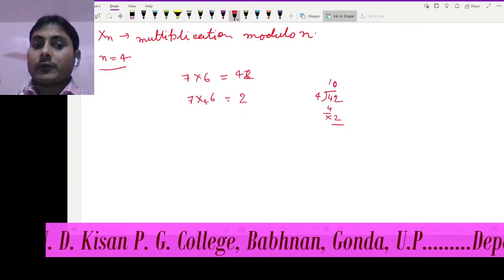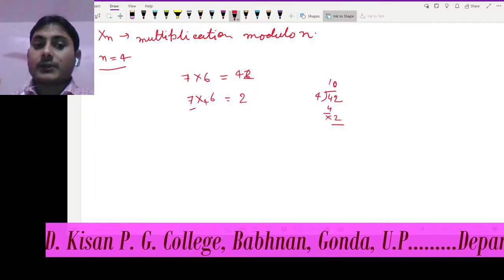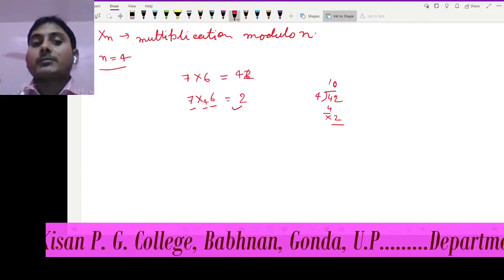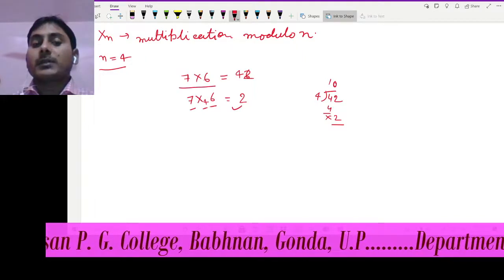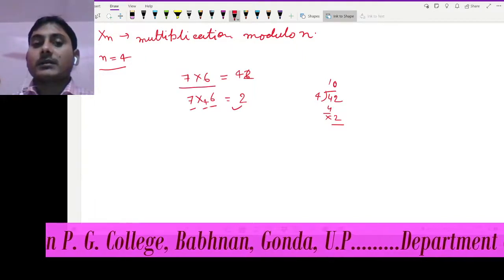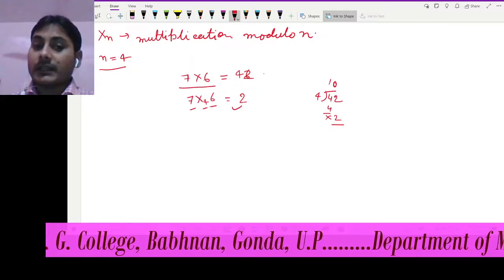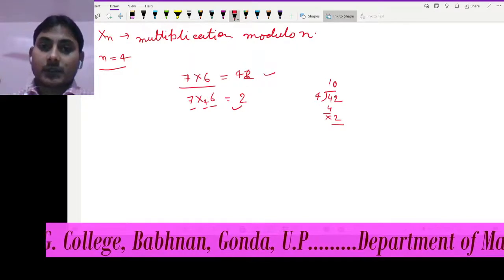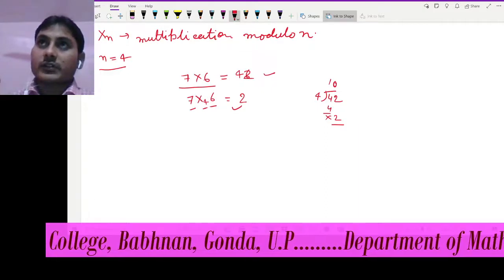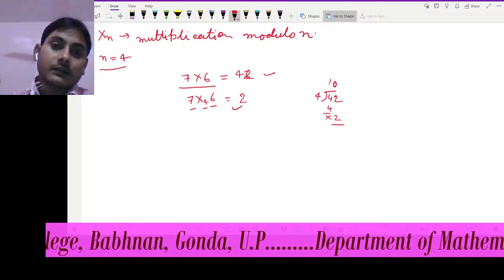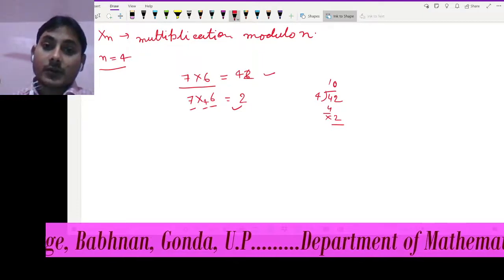So the value of multiplication of 7 and 6 with respect to modulo 4 is 2, but in usual multiplication you will get 42. So this is a multiplication modulo, and that one was an addition modulo.